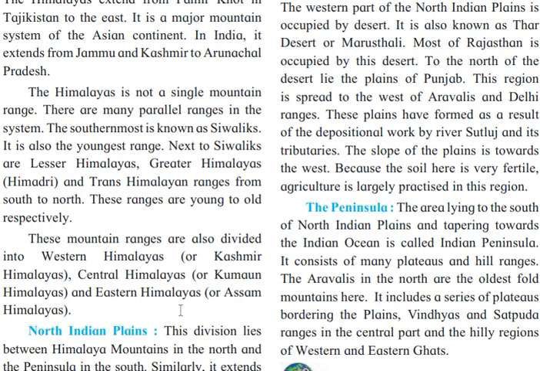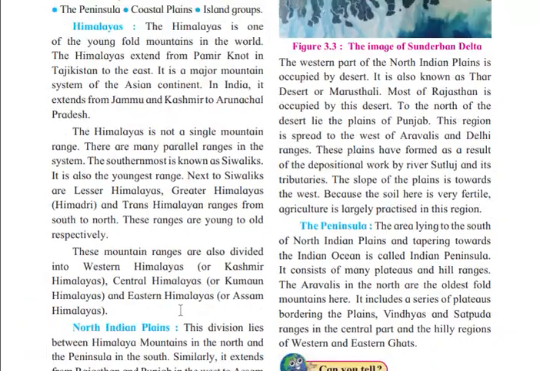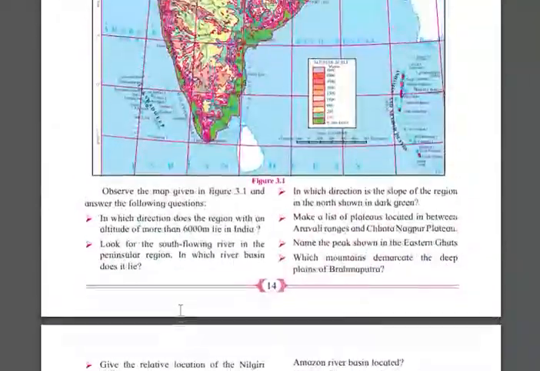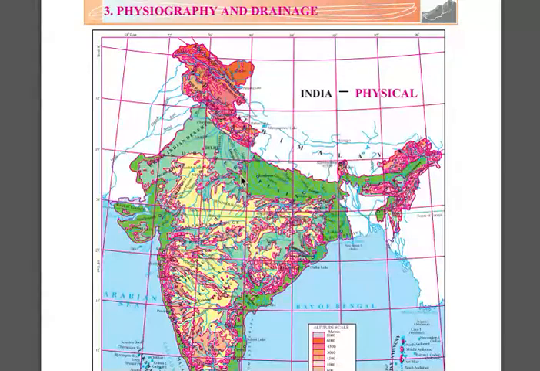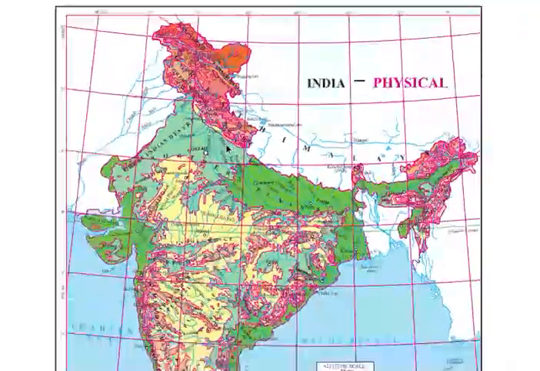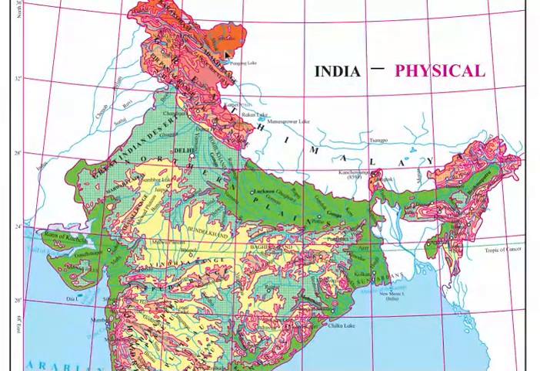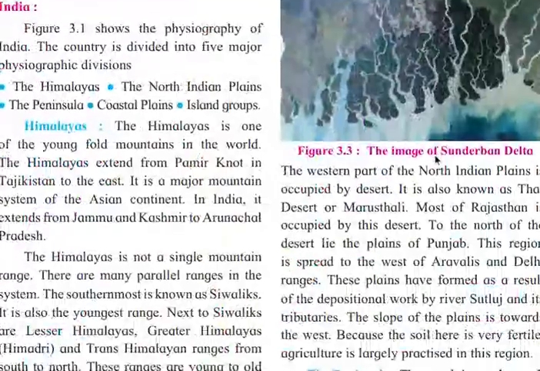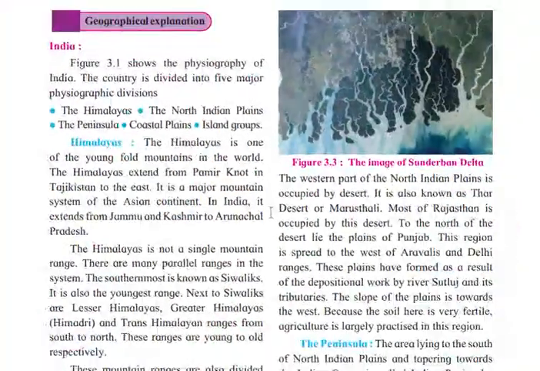If you see India, what they are trying to explain to us is that this is the Himalayas, right? This part is nothing but the Western, Central, and Eastern Himalayas. They are explaining this only.